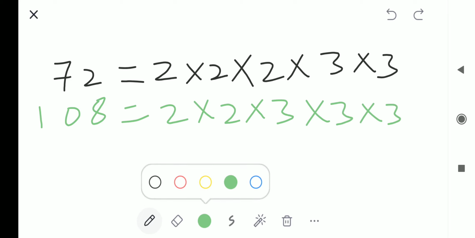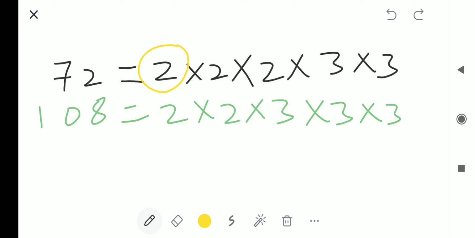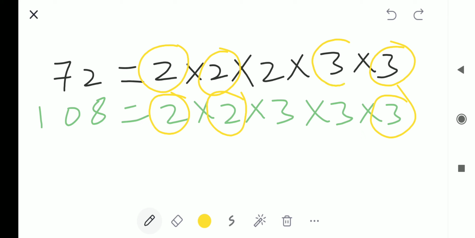Now if you want to find the HCF, we have to circle the common factors. 2 is in 72, 2 is in 108. So I circled this. I cannot circle the third 2 here because 2 is present in 72 but not there in 108. So 3 is in 72 and 3 is also in 108. 3 is in 72 and 3 is also in 108.